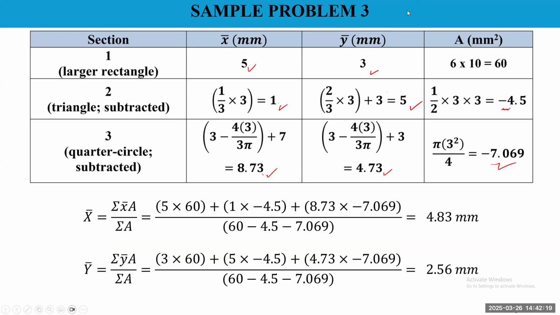So what we do typically here now is multiply the area by each one of them. And that's exactly what they have done here. So the first one is 5 times 60. See it here. Then the next one is going to be 1 times, right here you go.